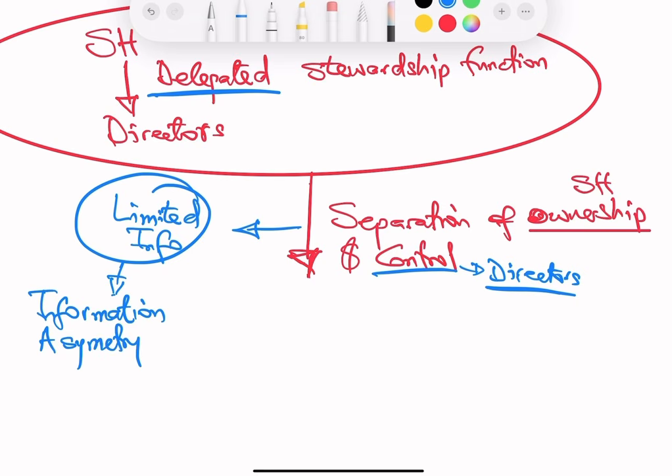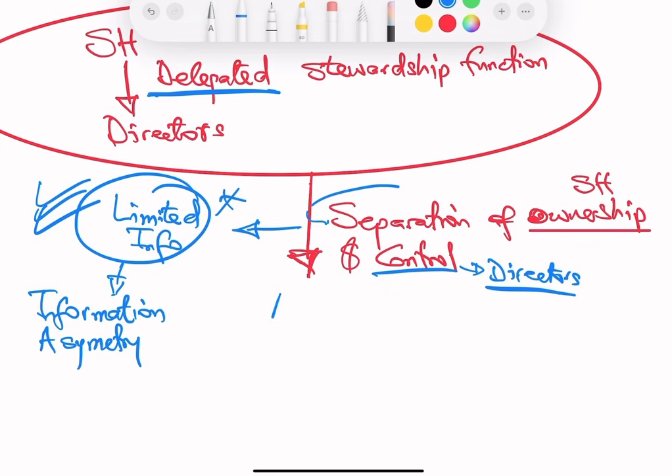Because shareholders are not involved day-to-day, they only come once in a year to understand what has happened over 365 days. It is impossible. So they're definitely going to have limited information. And that is as a result of the delegation that led to separation and created information asymmetry.